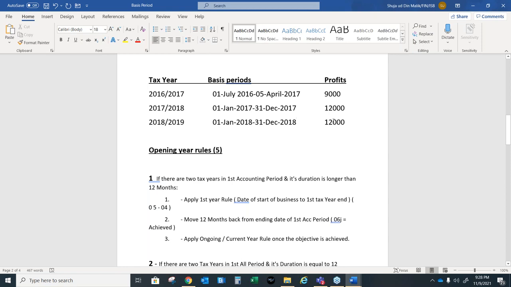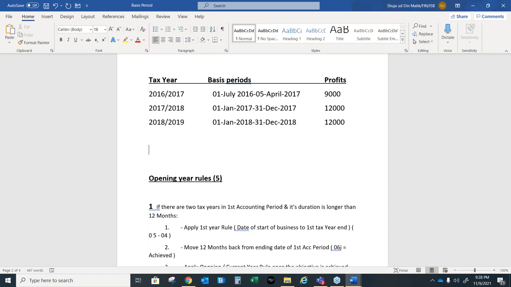Now, one point is very important, as we discussed in the previous session as well. When you have opted this date, the actual profits of these 12 months was 18,000, but here you have paid 21,000. So 21,000 minus 18,000 is equal to 3,000.